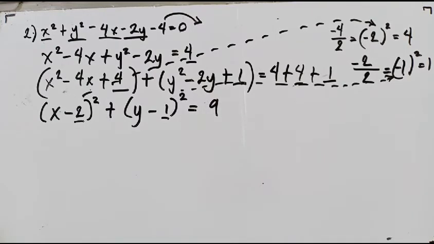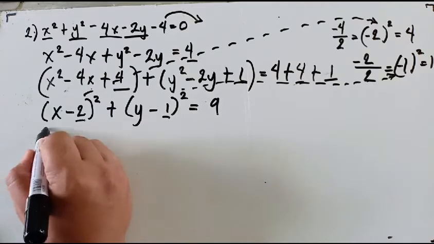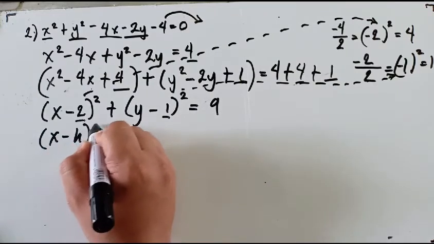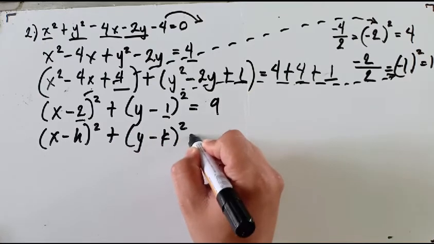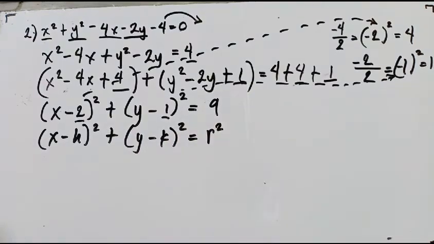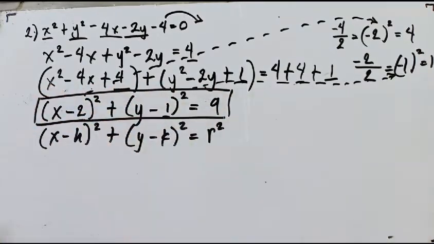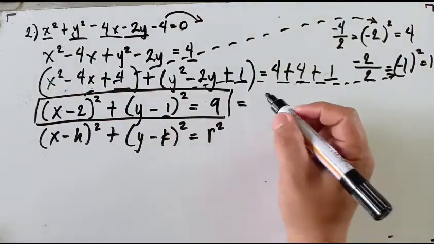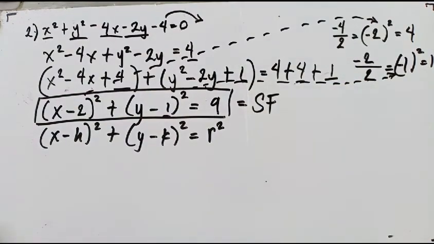Let's continue. If you observe, this equation is now in the form of the quantity x minus h squared plus the quantity y minus k squared is equal to r squared. Therefore, this equation is now in center-radius form, or the standard form of the equation.